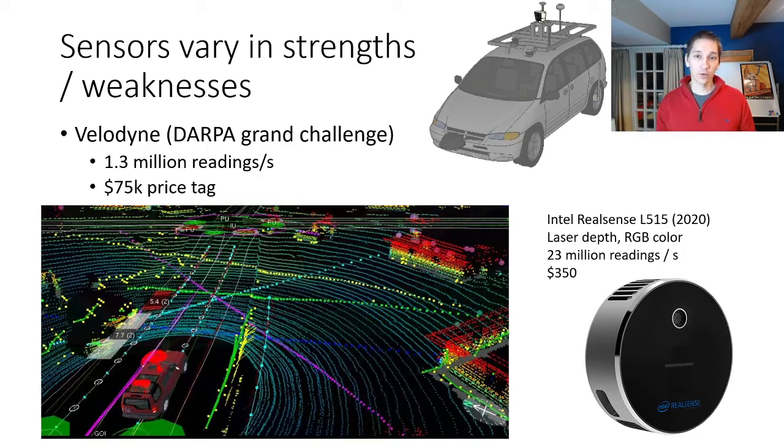And you can get 23 million readings per second at the cost of $350. Now, this has some disadvantages in terms of its maximum range being much shorter. I think it's approximately 8 meters. But in terms of manipulation, this gives us very rich depth readings and very dense reconstructions of 3D worlds that are kind of in a robot manipulation scale.